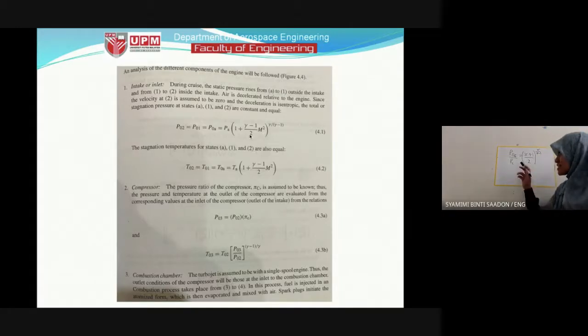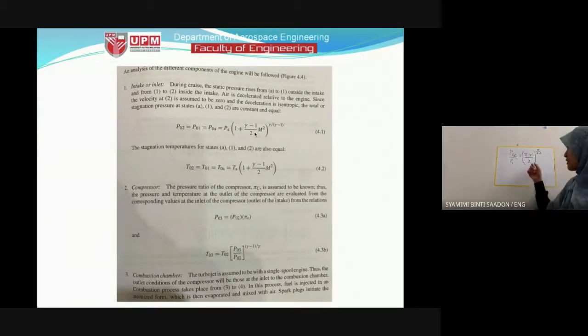At the critical point, remember, the Mach number is equal to 1. So imagine this is the general equation for nozzle or diffuser. If the Mach number equals 1, we will get this equation. Just rearrange it: PC goes to the left hand side and Mach number equals 1.